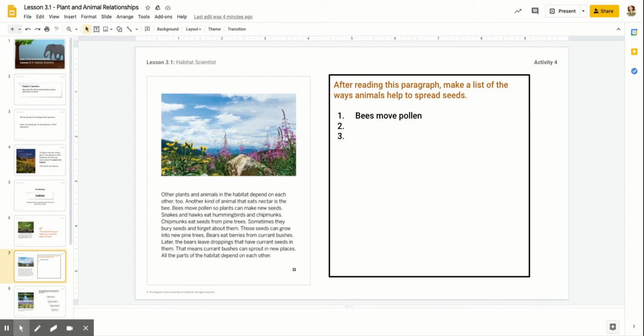And bears eat berries from currant bushes. And later, the bears leave droppings that have currant seeds in them. That means currant bushes can sprout in new places. All the parts of the habitat depend on each other. So on this page, you are going to reread this passage to yourself, and you're going to figure out two more ways that animals help to spread seeds.